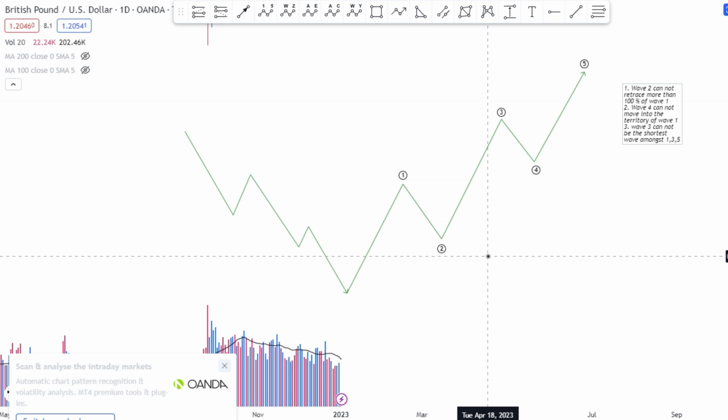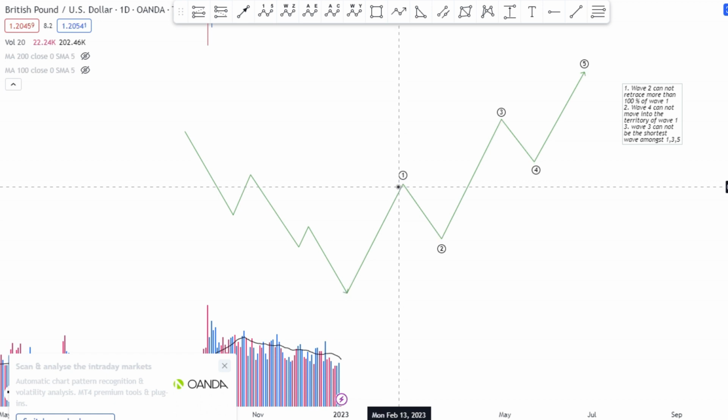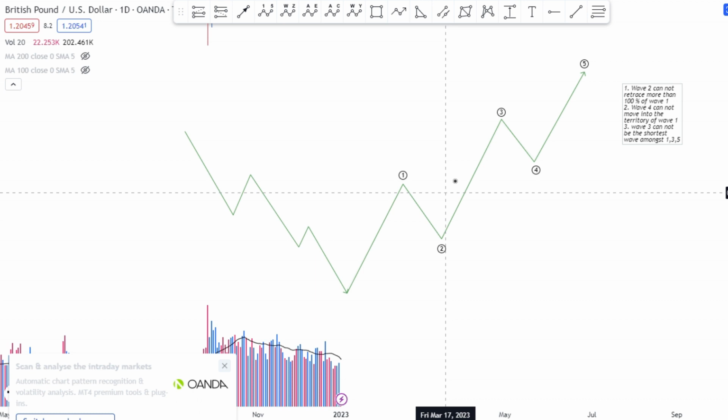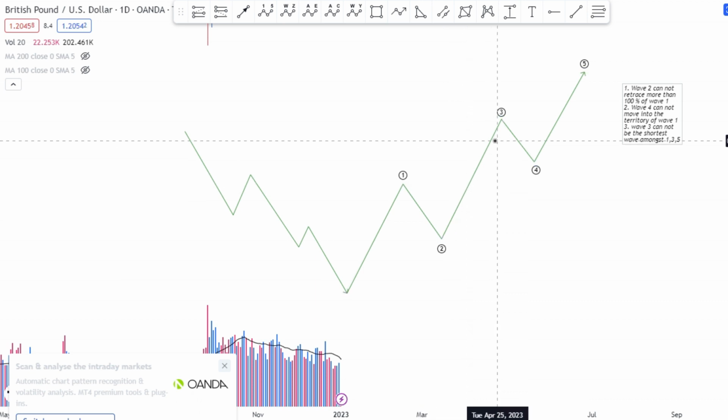Why? Wave 1 swing high is broken, and then after the break of the swing high of wave 1, the price begins to move higher, or rather accelerate upwards, as more and more traders recognize the bullish sentiment.